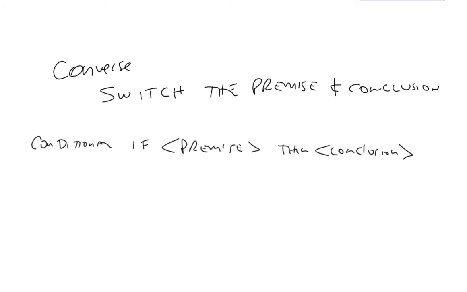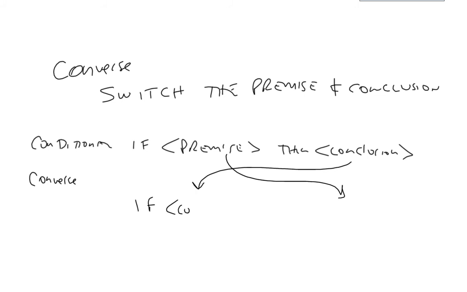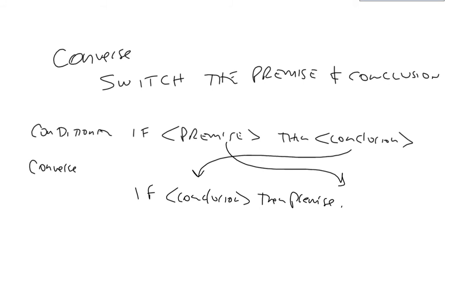When we take the converse of the conditional, take the conclusion and make that the premise, take the premise and make that the conclusion. So it's if conclusion, then premise. And the question is, is the converse always true?